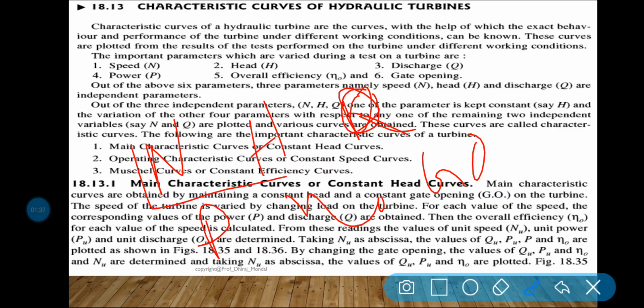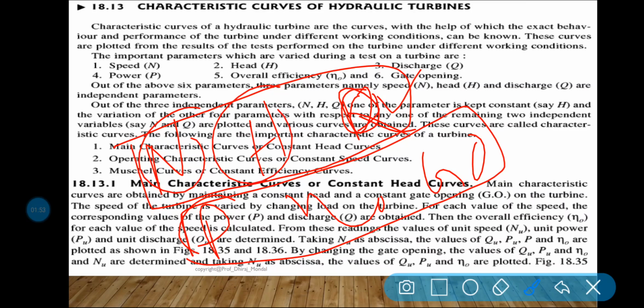Now N, H, Q, that is speed, head, and discharge, are known as independent parameters. The others are dependent parameters, because if you increase the speed or the head, then power will be increased. If you increase the discharge or head, then efficiency can be increased.